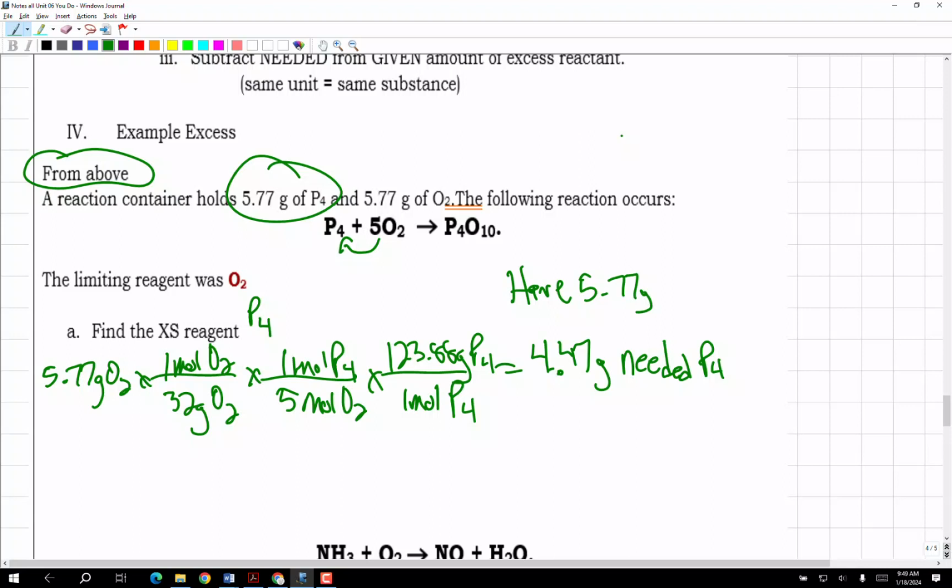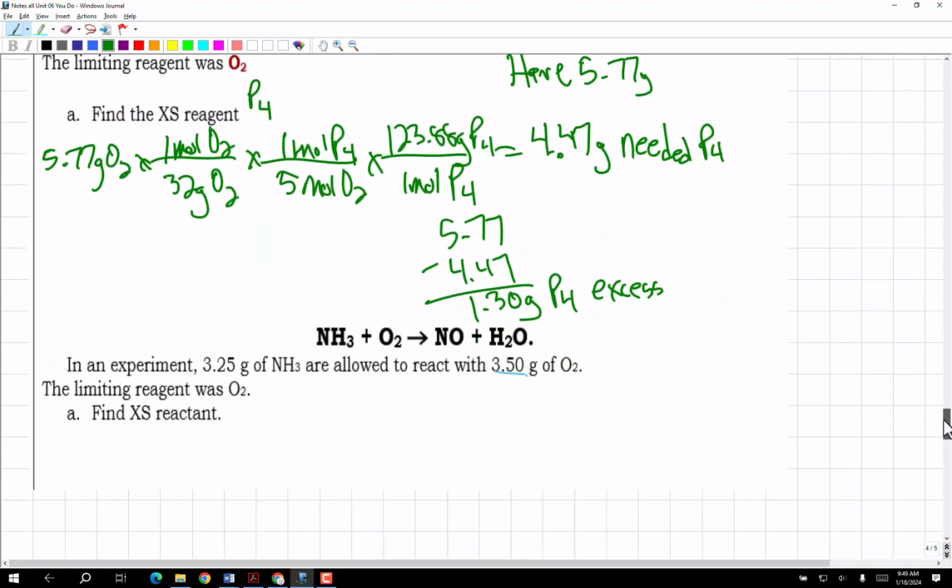So how much extra do I have? Well, that's why I subtracted. 5.77 minus 4.47 equals 1.30 grams of P4 excess. Yeah, I got leftover, right? Does that make sense? I've got 1.30 grams of P4 left over.